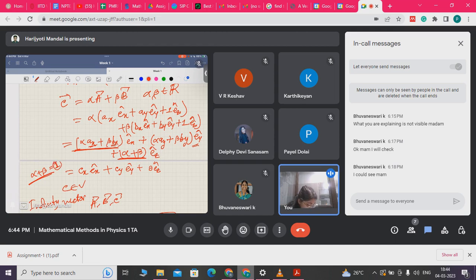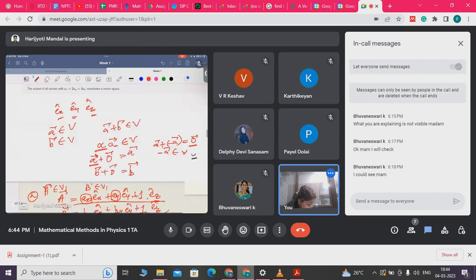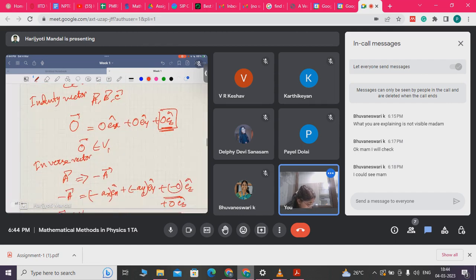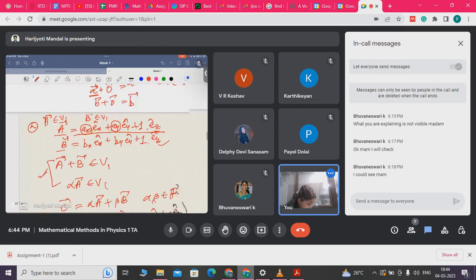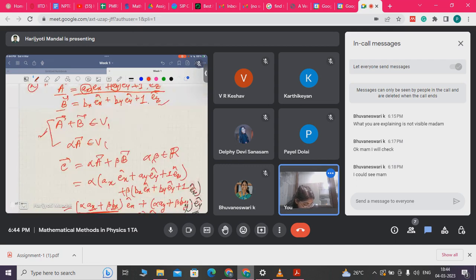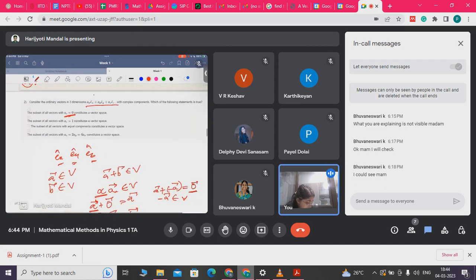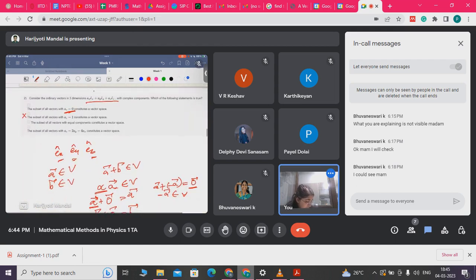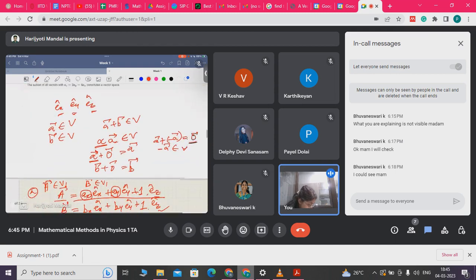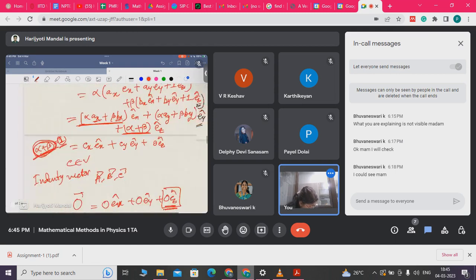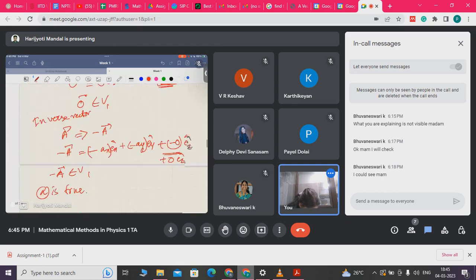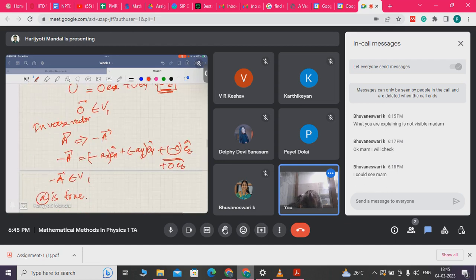It is alpha plus beta. So alpha plus beta has to make it 1. We'll put a constraint on alpha plus beta. Not for all values of alpha plus beta will it become 1. So to satisfy the vector space conditions, the first two, the closure property, is not being satisfied by this condition. So B will be false. A is true, B is false.